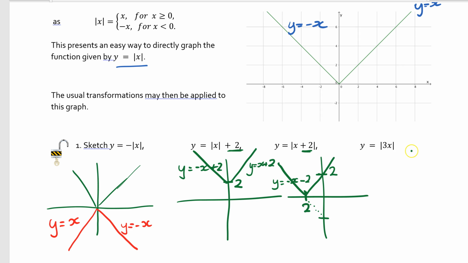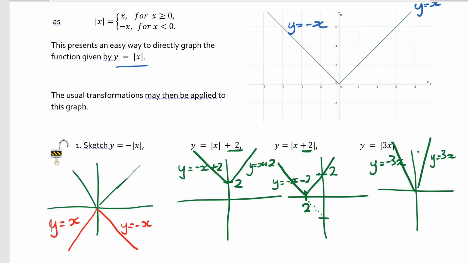This curve, y equals mod of 3x, is just going to be centered with its V just here, and it will be simply steeper. So this line is the line y equals 3x, and this is y equals -3x. So you can think of other transformations there.